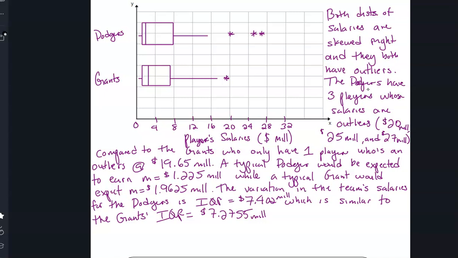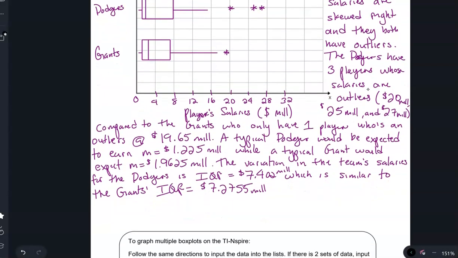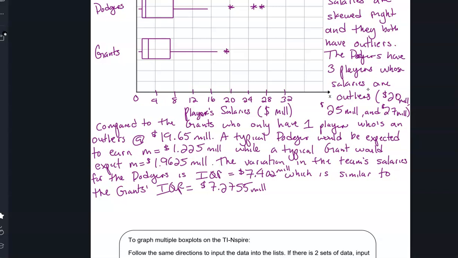So clearly they're willing to pay more and clearly it's working. So when we think about that phrase, you get what you pay for, it seems to work in the Dodgers' favor. A little bit less in the Giants' favor, but it's not like they're last in the league or anything like that.